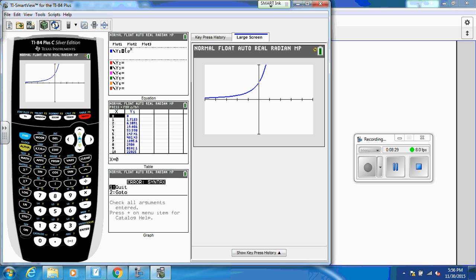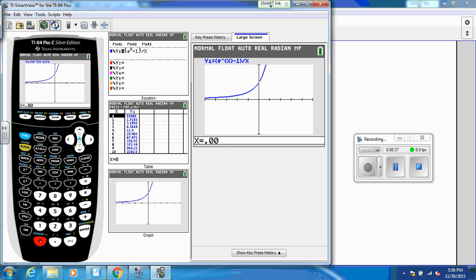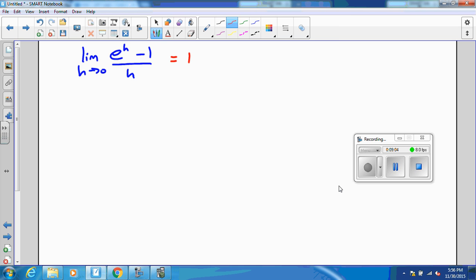And when I graph this in a suitable window size, like so, and I evaluate the limit by choosing x values that are close to but not equal to 0, such as 0.00001, then I get a y value that is obviously very close to 1. And that's true on both sides of 0. If I choose a negative 0.0001, then I also get something that is obviously very close to 1 right there. And so that's sufficient evidence for us to say that this limit is probably 1.